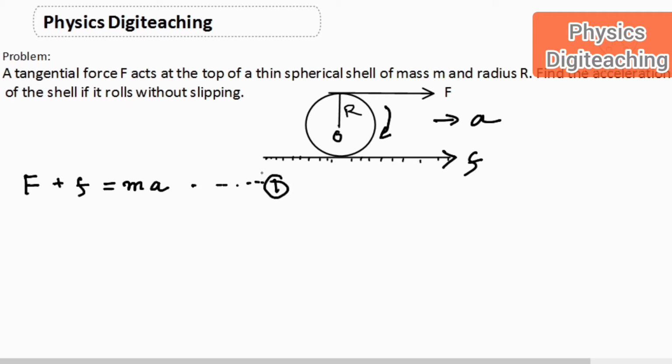Here the shell rolls, therefore torque is present.